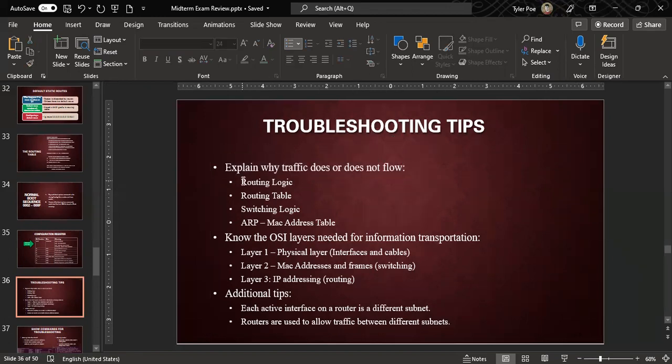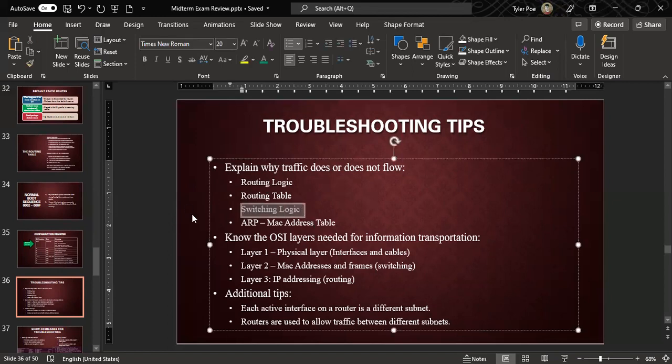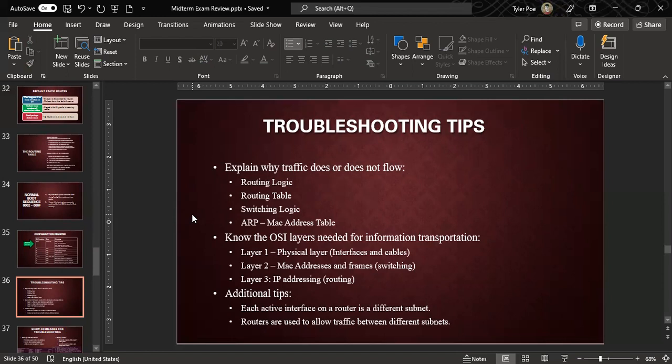That requires knowledge of routing logic, routing tables, also switching logic, and the ARP process. You want to know how routing tables affect how networks do or do not work. You want to keep in mind how switches learn MAC addresses from frames and how that can affect traffic. You also want to keep in mind the ARP process, and also the ping process. Those can help you understand how traffic flows, and help you pinpoint where or why traffic does not flow at a certain point.